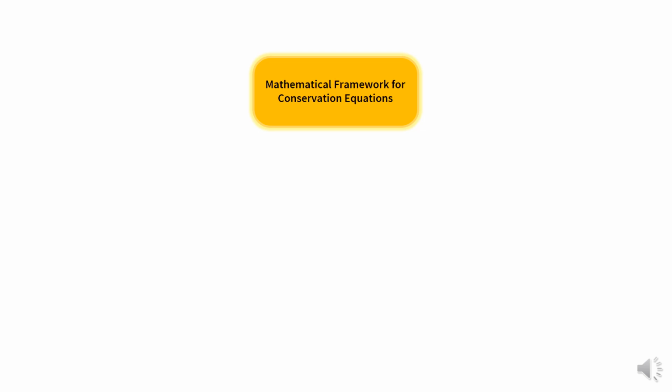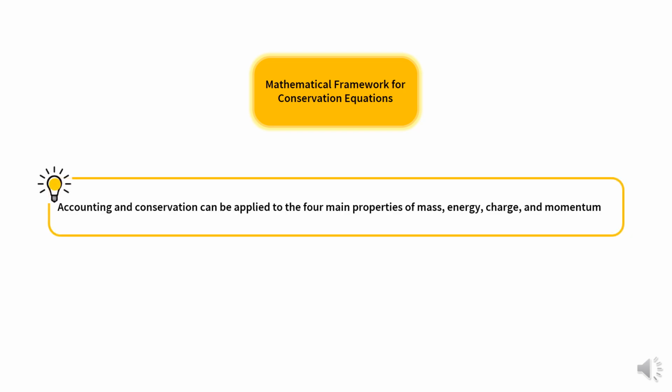In summary, it is very important to understand that the accounting and conservation equations are parallel across the discussed extensive properties, and they can be applied to the four main properties: mass, energy, charge, and momentum.